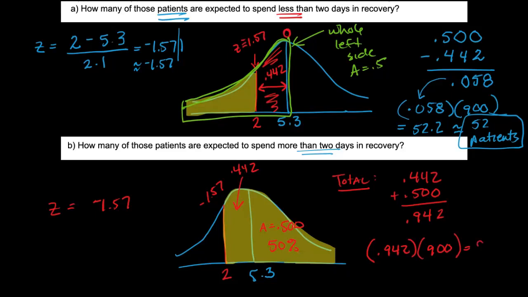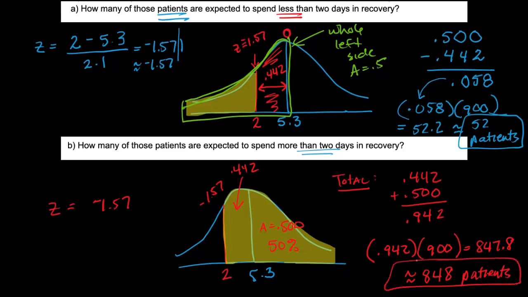And when I do that, I get 847.8. And so I'm going to round to the nearest whole number since we're dealing with people and we don't have a fraction of a person. So I'm going to just say 848 patients are expected out of the 900. So most of them are expected to spend more than 2 days in recovery.